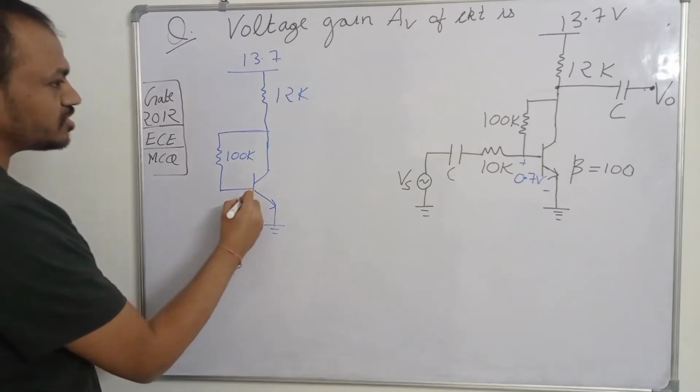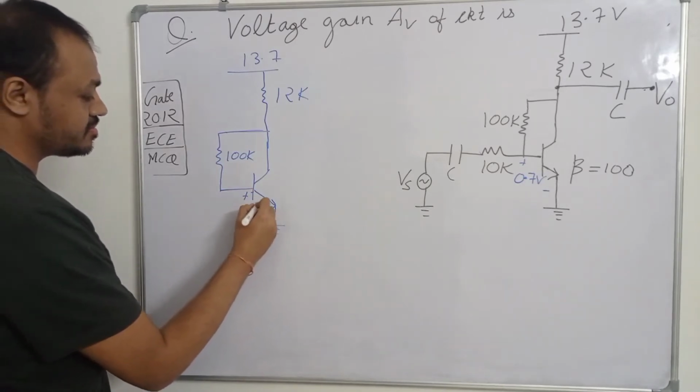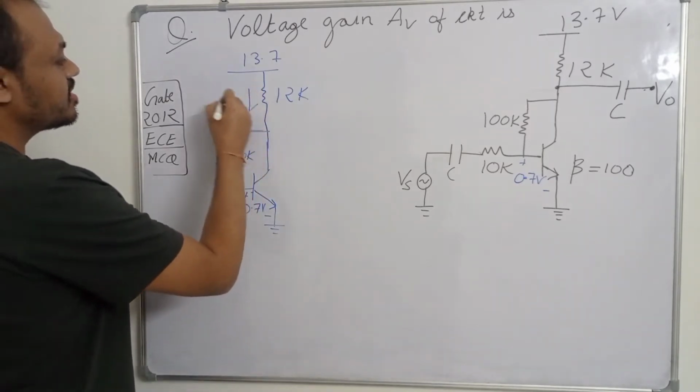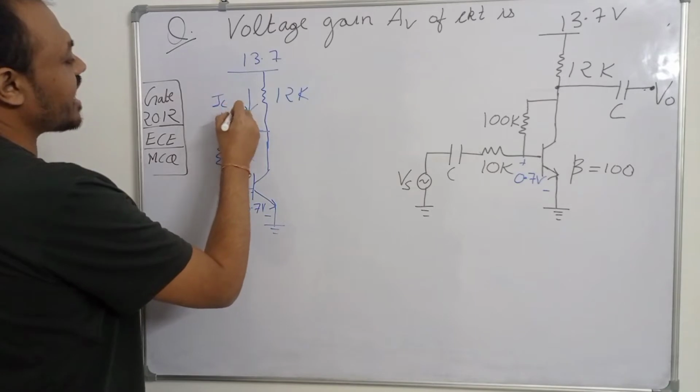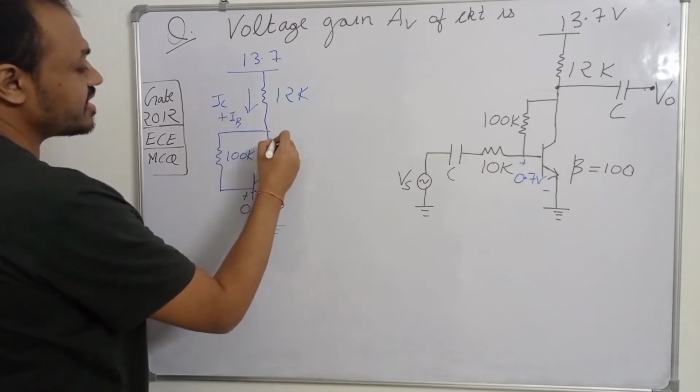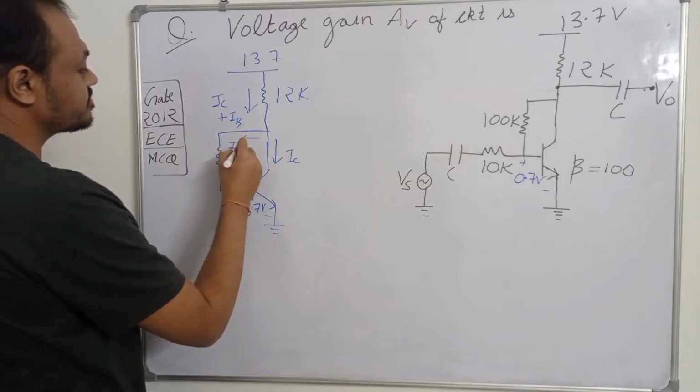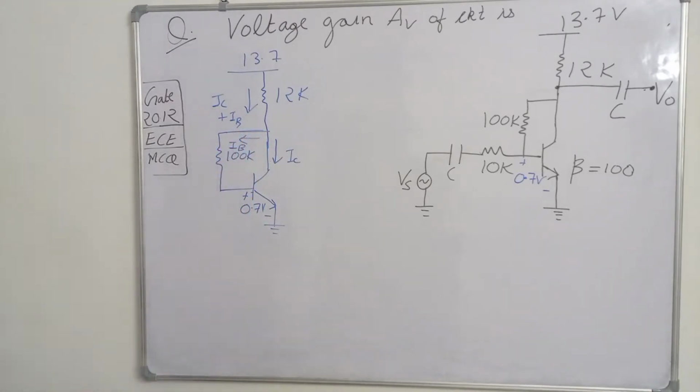And this voltage is 0.7 volt. Okay, so this current is your IC plus IB. This current is IC and this current is IB. So to find the value of the collector current, we will have to apply the KVL.